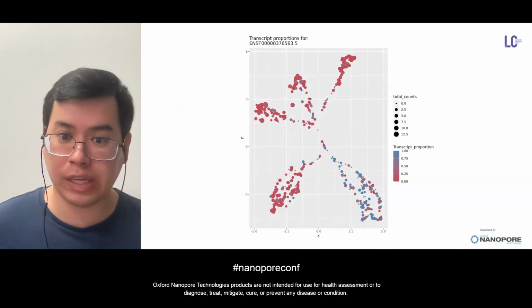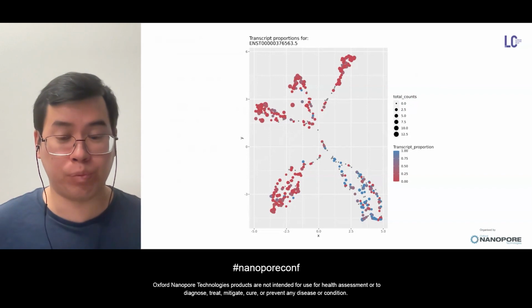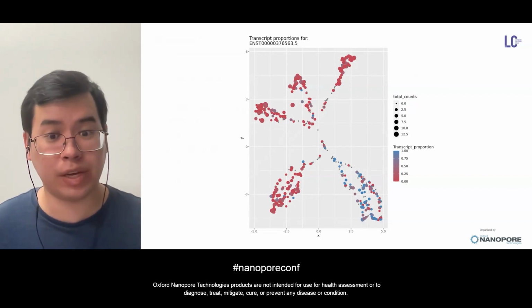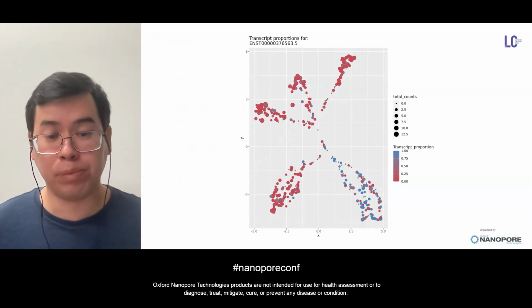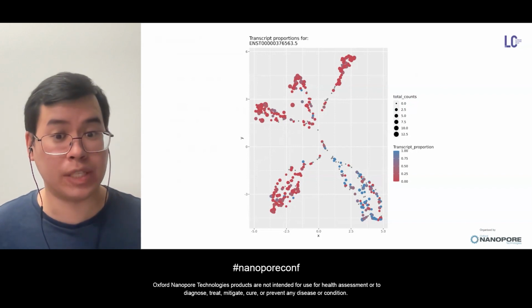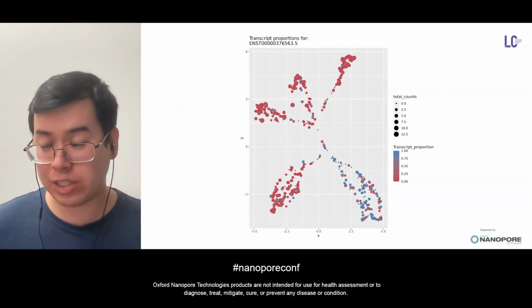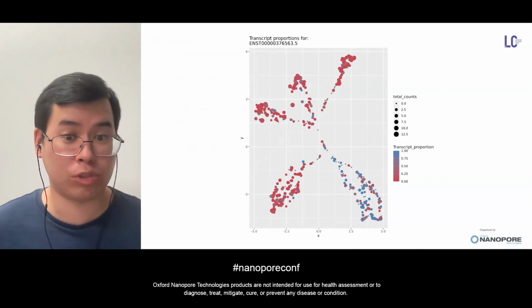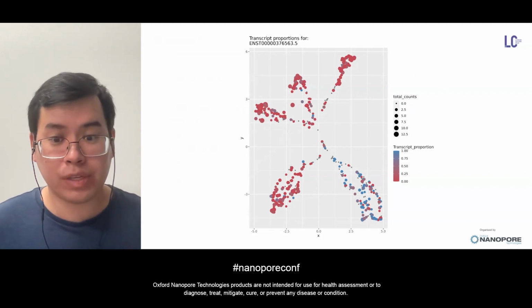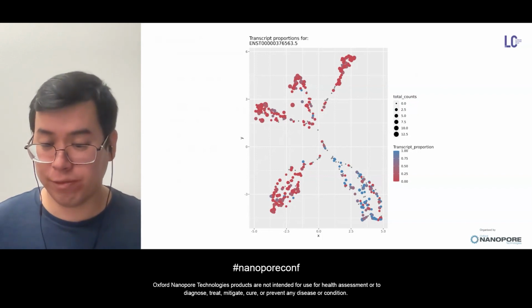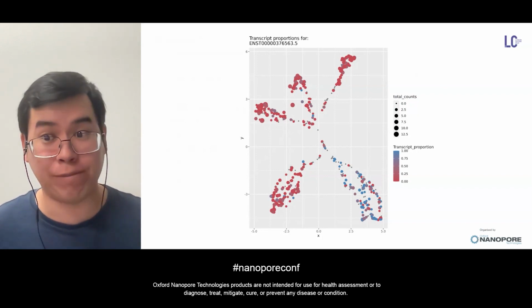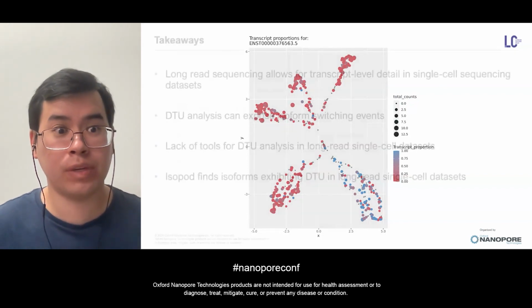And it's really striking here to see that that bottom right arm, which is the A549 cell line, is extremely blue compared to these other 4 cell lines. And Isopod did, in fact, pick up this transcript as significant for differential transcript usage. This is a very nice, I guess, visual representation of isoform switching that Isopod can find.